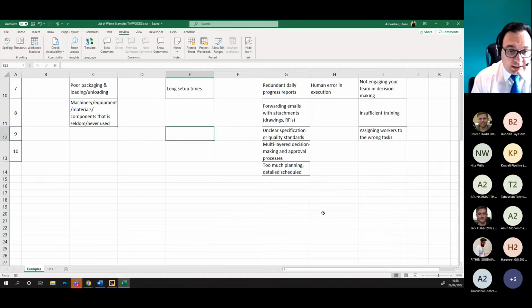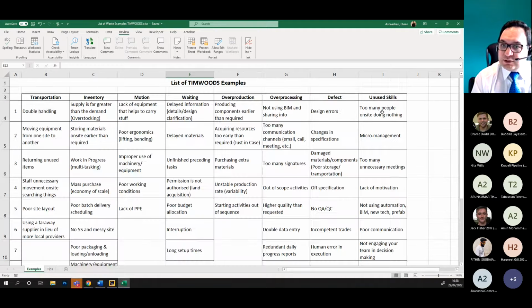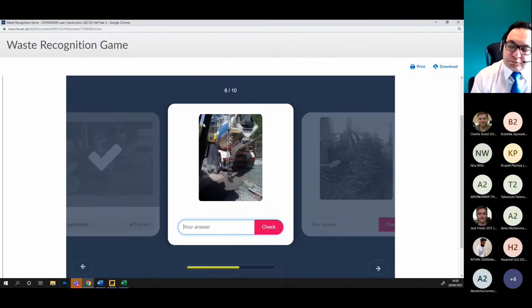Too much planning, detailed schedules, all of these things are extra processing, like you can see here in my table. But in this picture mainly we can observe overproduction. So let's say overproduction here.